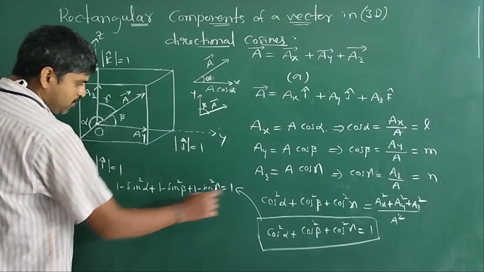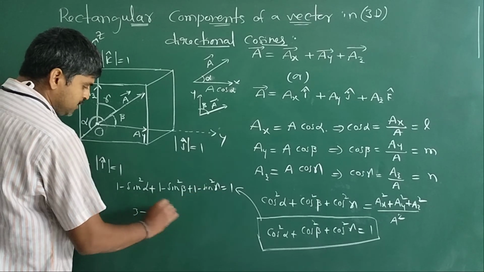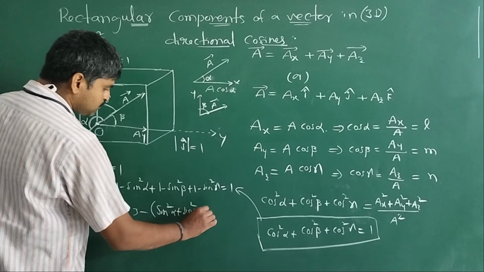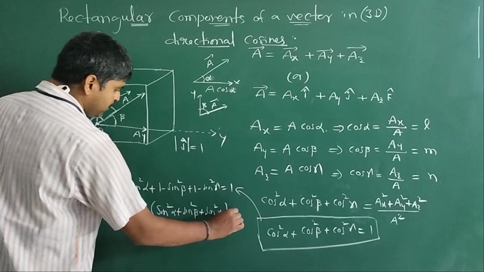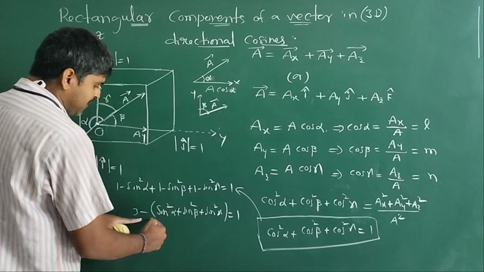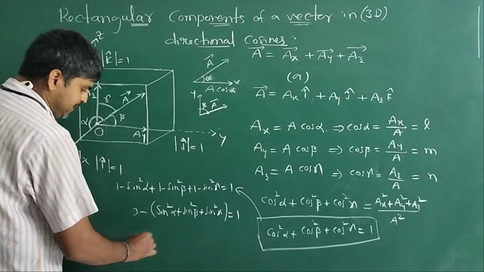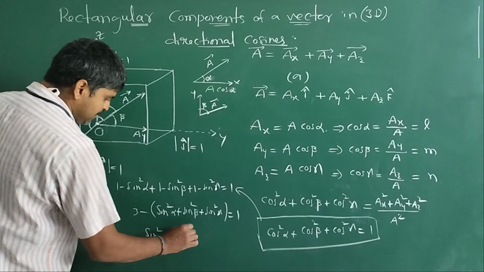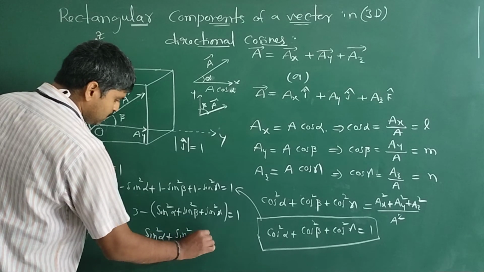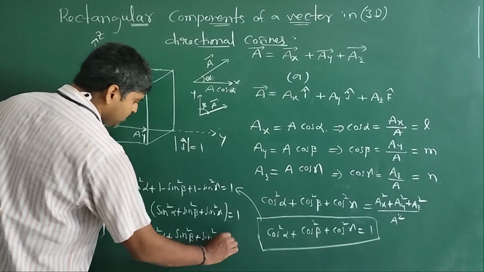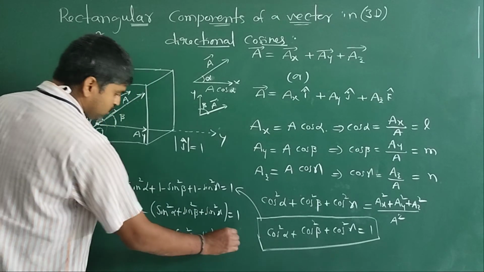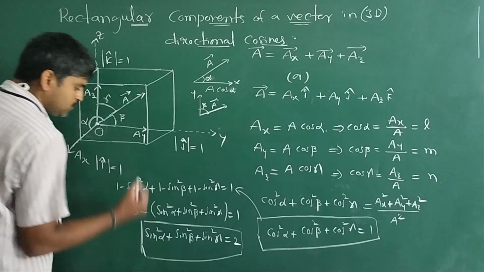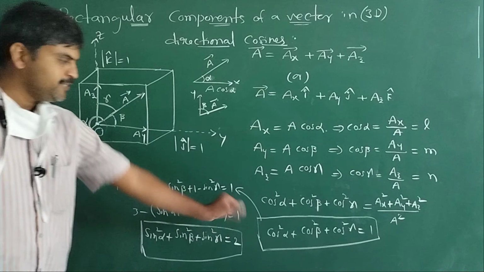Now the minus is common, so sin square alpha plus sin square beta plus sin square gamma, taking this term to this side and 1 to the other side, equals 3 minus 1, which is 2. So this is in terms of sine, and the earlier one is in terms of cos.